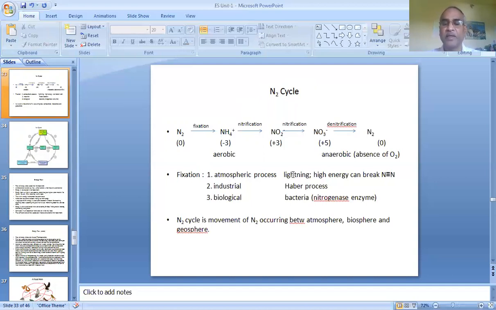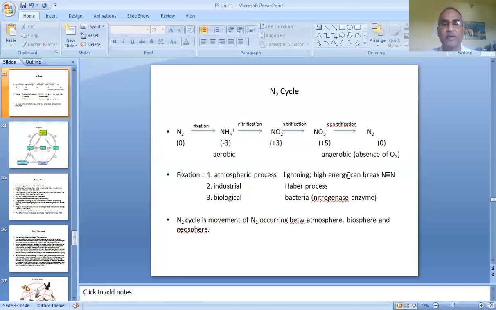When lightning occurs during the rainy season, the high energy present in the lightning breaks the nitrogen-nitrogen triple bond. So atomic nitrogen is made available, but that happens occasionally. The statistical probability of such occurrence is, we can say, rare.